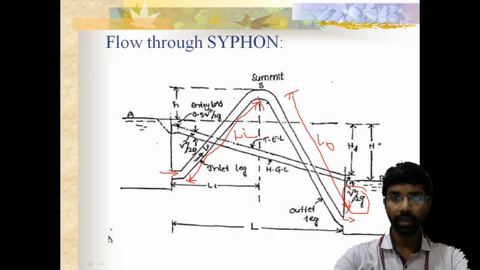And this head loss capital H can be written simply as the summation of all the losses, entry loss plus frictional loss plus exit loss, that we have already discussed in the earlier lecture.